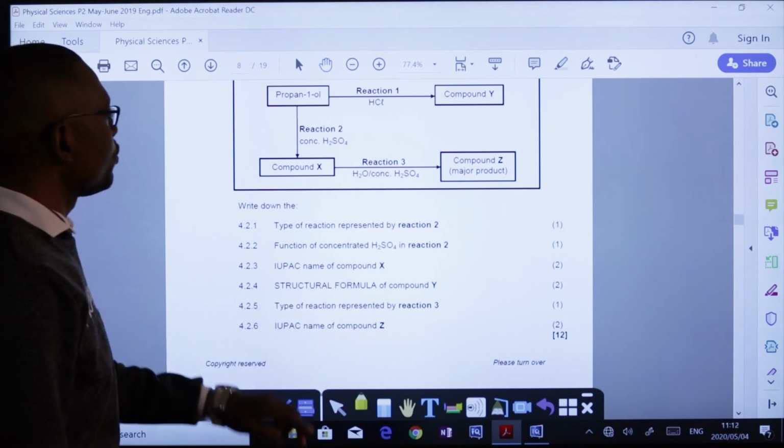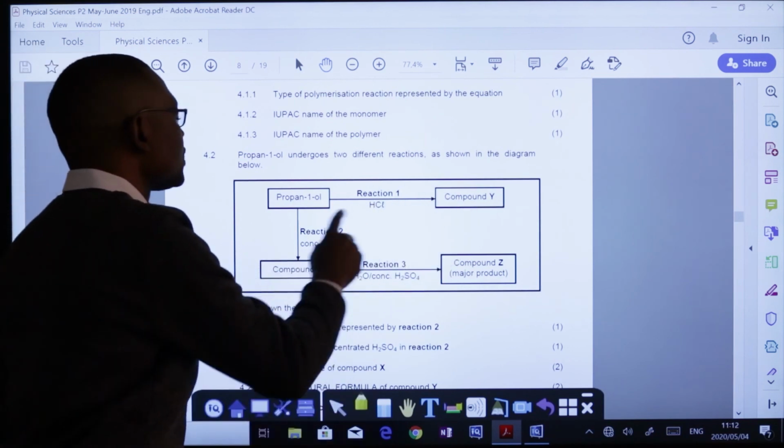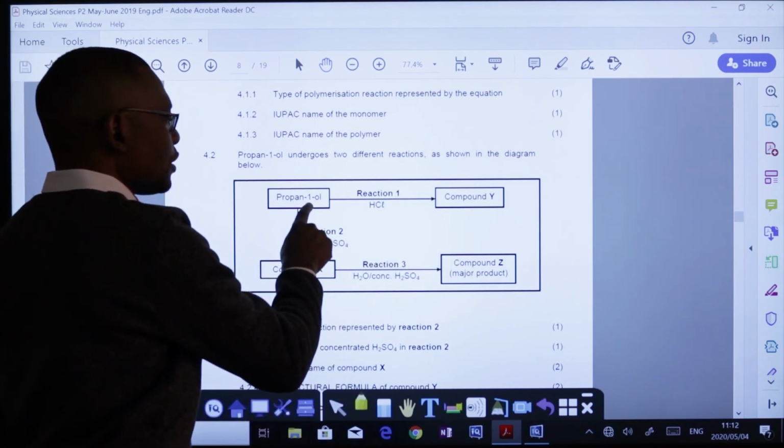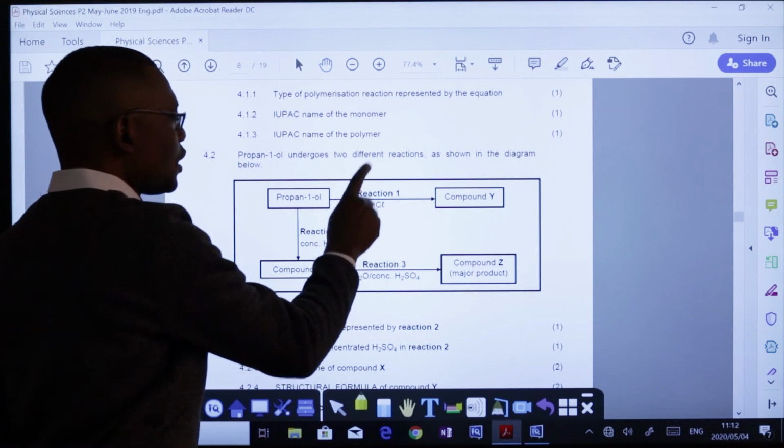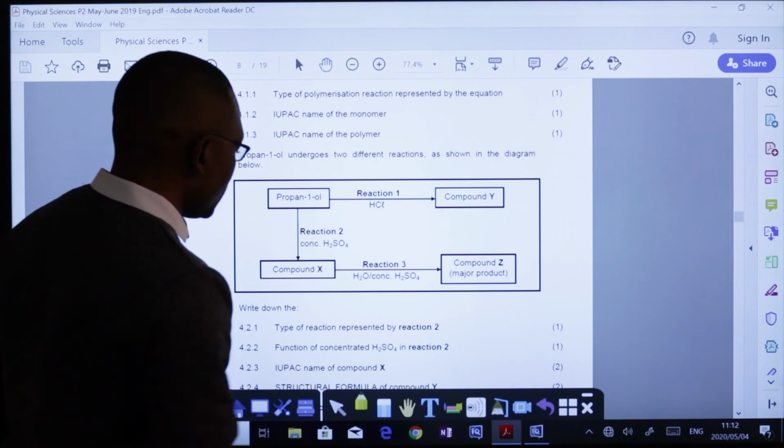And then the structural formula of compound Y. Now this is very simple, because what we know here is that the OH is being replaced by the chlorine in this reaction.